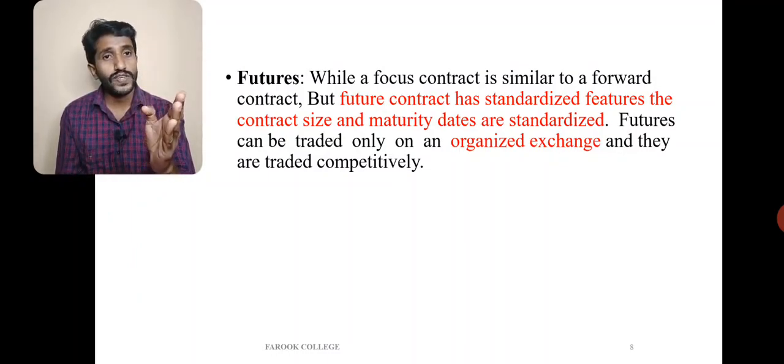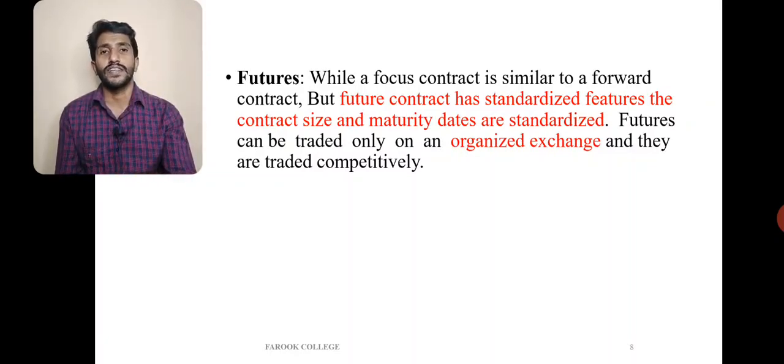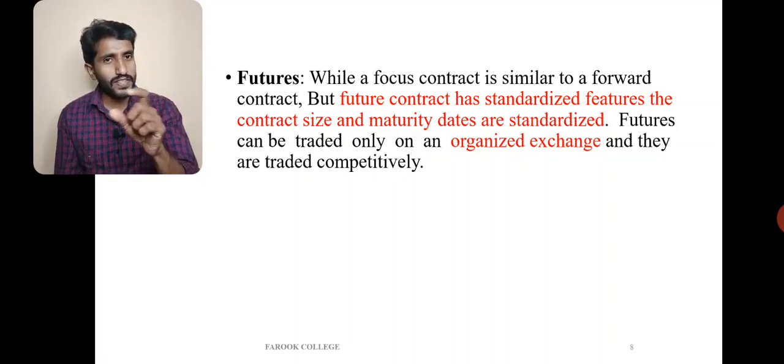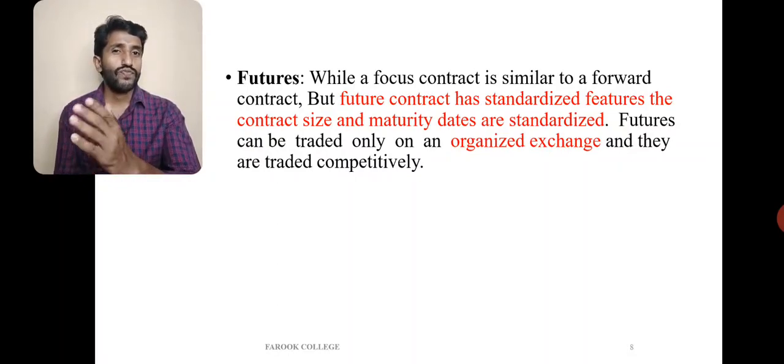Moreover, futures can be traded only in an organized exchange, not through any personal transaction or any dealer. So the transaction will happen through an organized exchange, a formal market.